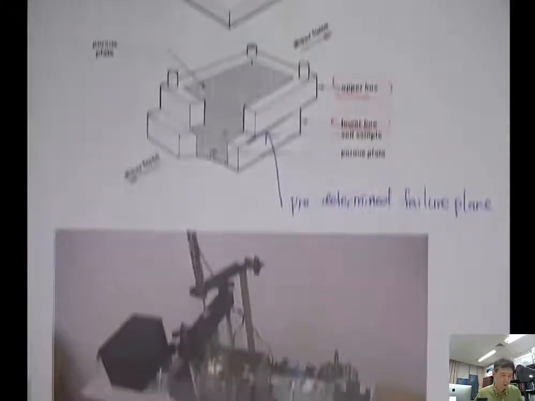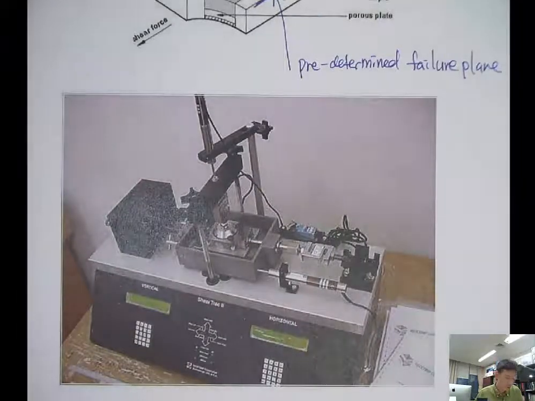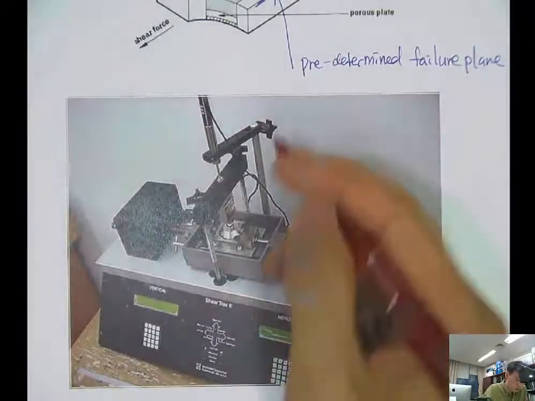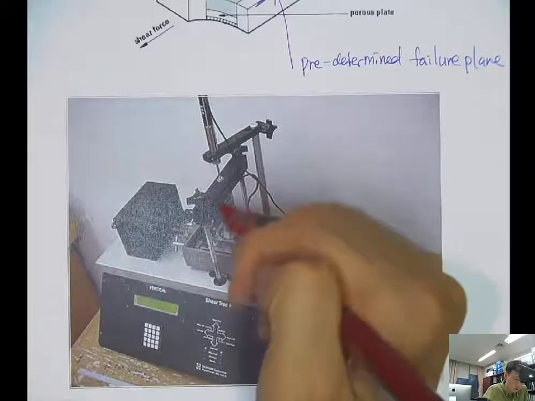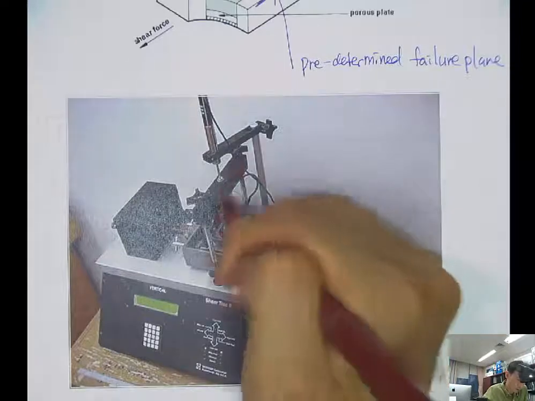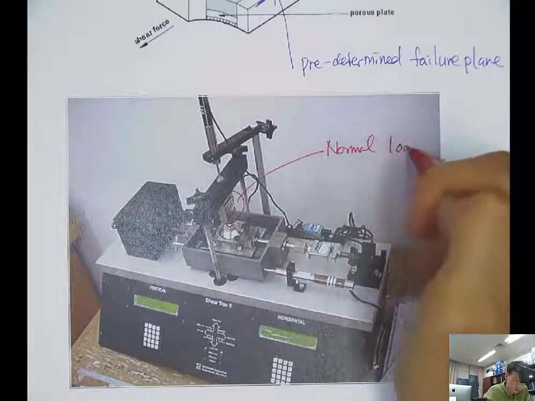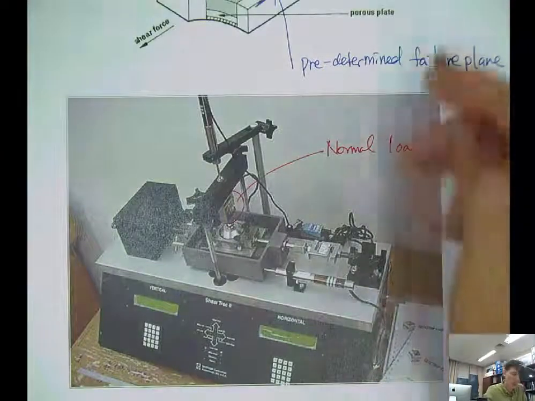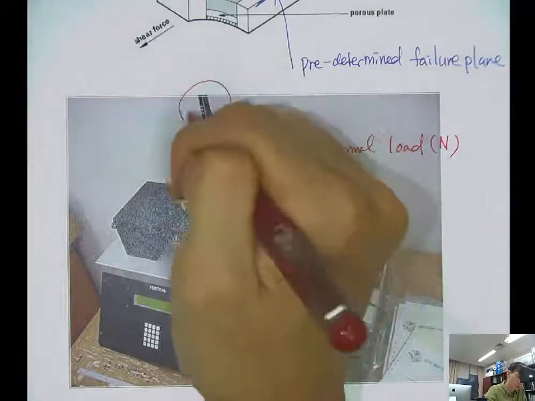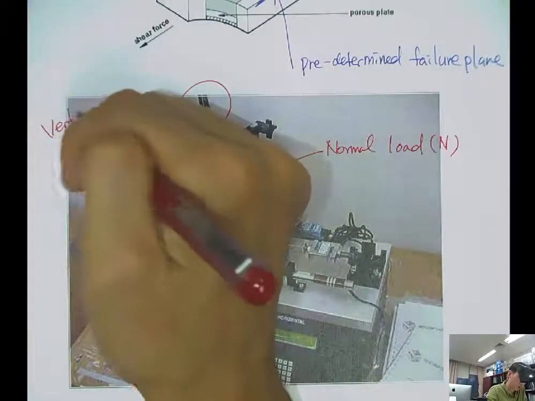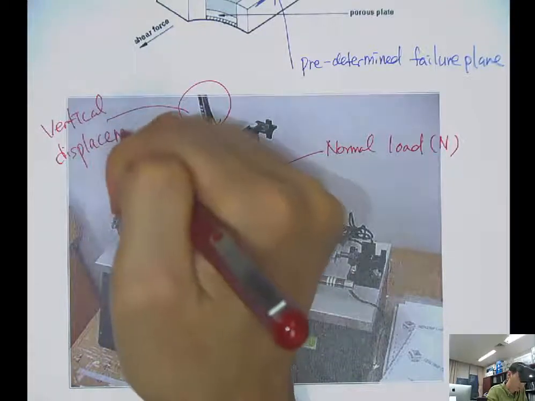When you look at the picture here, it shows the direct shear testing apparatus, and it applies the normal force using this loading frame. And here, this one measures the normal load, the force N, the vertical force, and this one measures the vertical displacement.